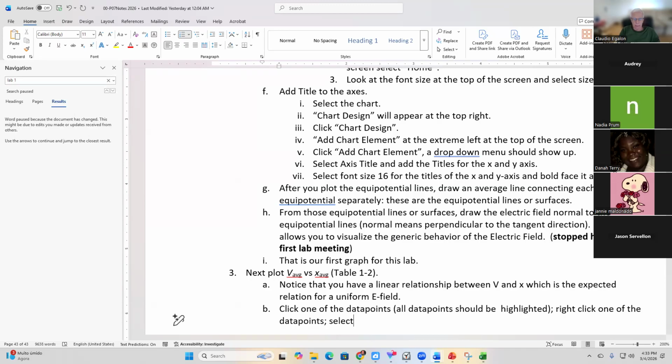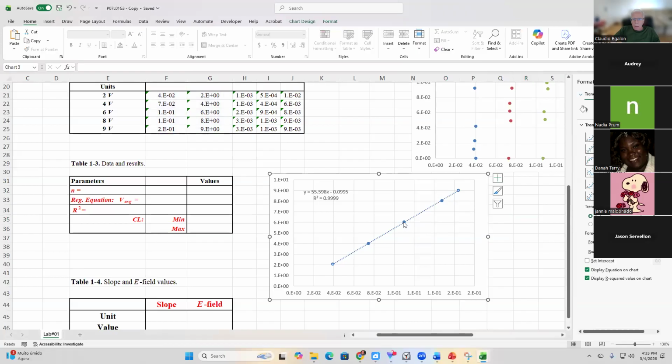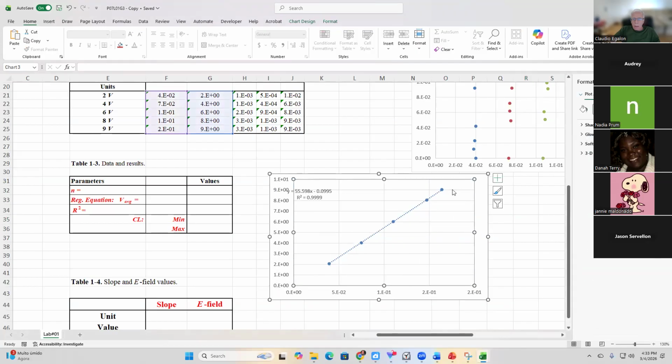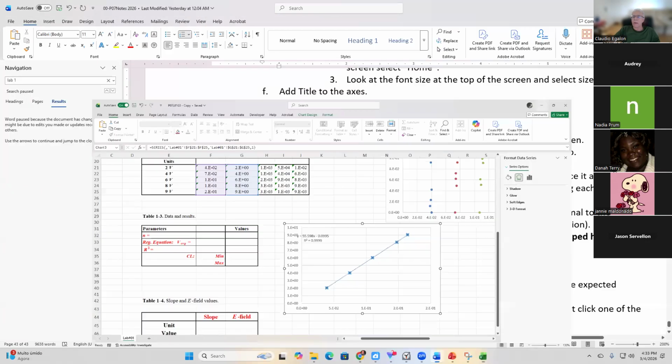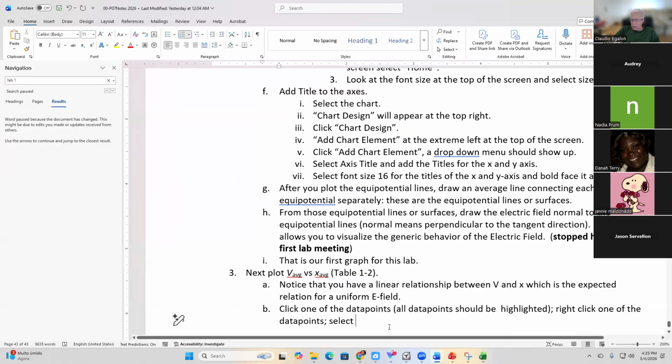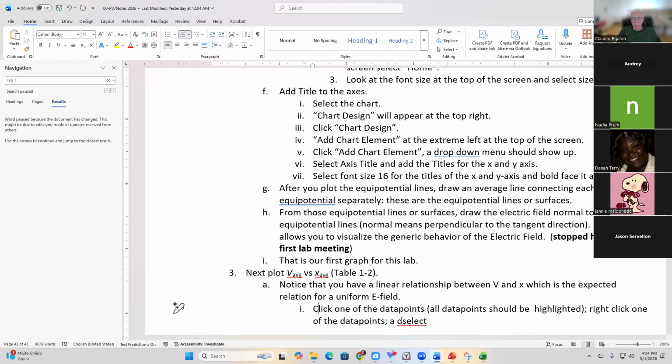Right click one of the data points. Select add trend line. Right click one of the data points. A drop down menu should show up. I'm going to organize it in a different way, like that. Click one of the data points.